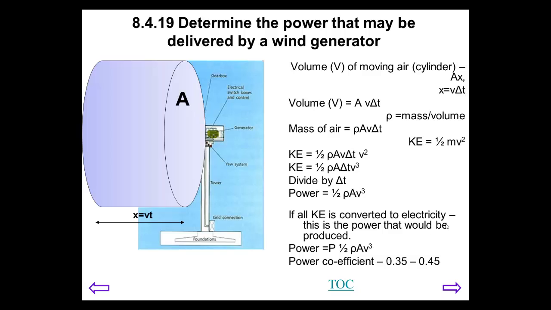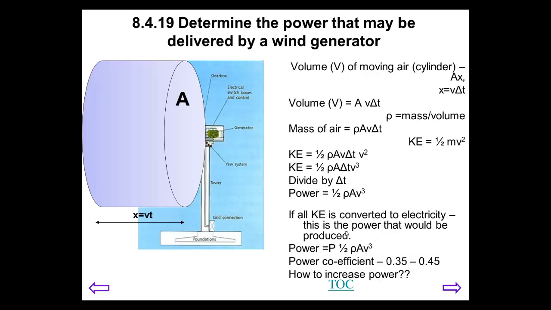However, wind turbines are only 35 to 45% efficient. How can we increase the power? Well, we can increase the power by increasing any of these factors here, by having a high velocity. That changes the power by a great deal.